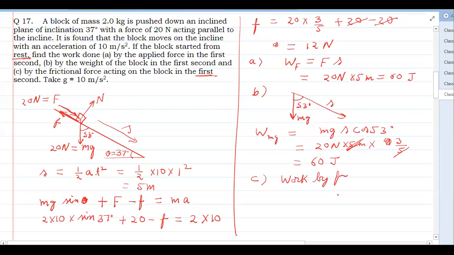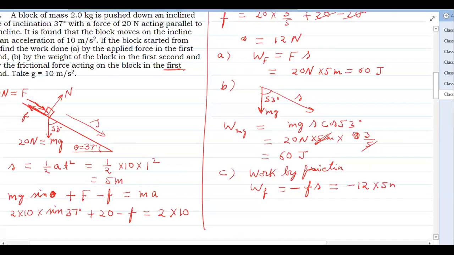Friction is up the incline, displacement is down the incline. So minus 12 into the displacement down the incline, that is 5 meters. So 12 into 5 is minus 60 joule.